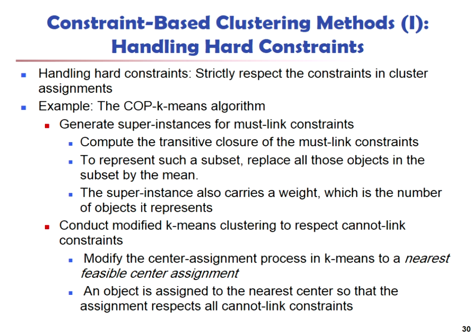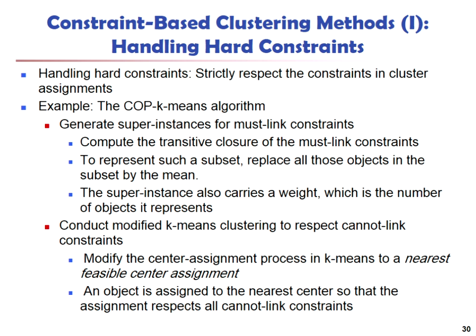After that, compute the transitive closure of the must-link constraints to represent such a subset. Replace all those objects in the subset by the mean, and the super instance also carries a weight, which is the number of objects it represents.